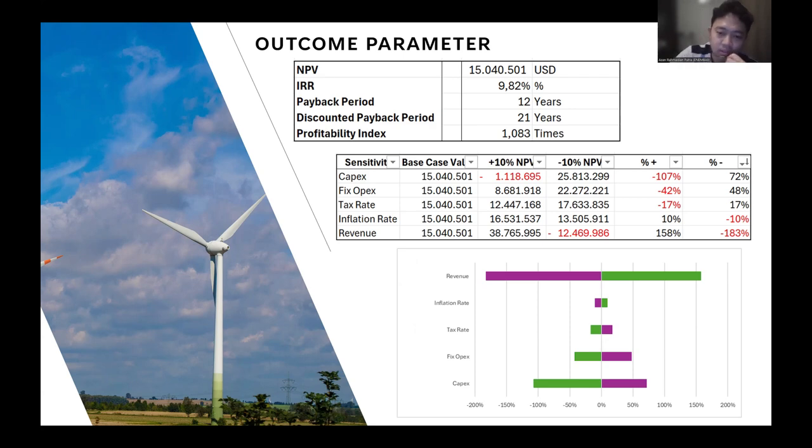The parameters with a very big impact in percentage are revenue and capex. In the diagram, the maximum impact is from revenue, secondly capex, third fixed opex, and lastly tax and inflation rate.